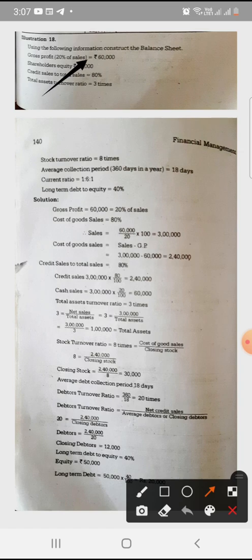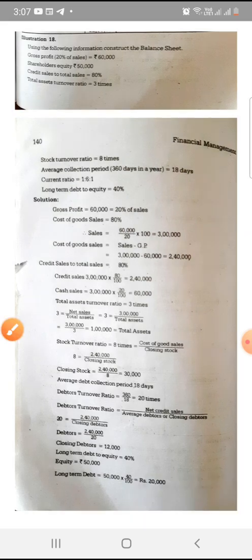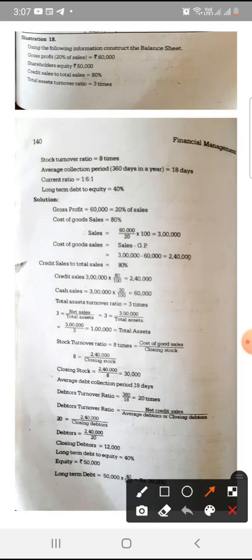If the gross profit is given, it means we can calculate the cost of goods sold. Let us calculate the cost of goods sold. Gross profit is 60,000, which is 20% of sales. So cost of goods sold is of course 100 minus 20, 80% of sales.